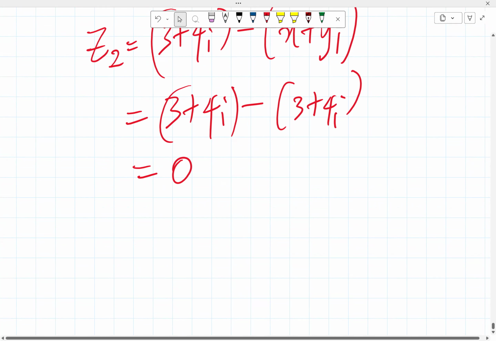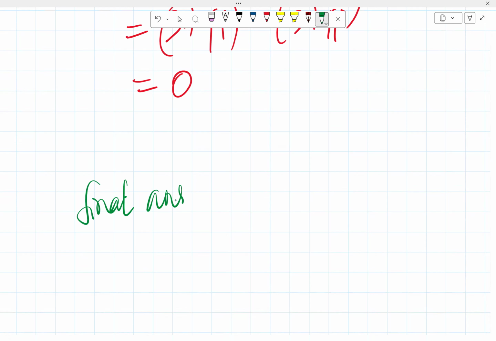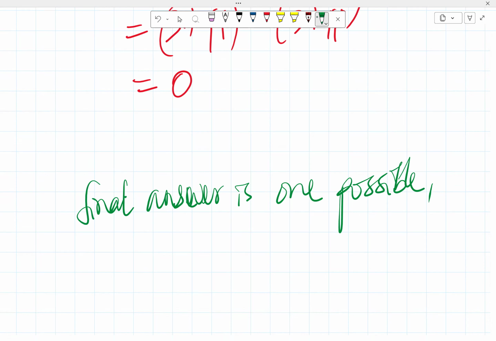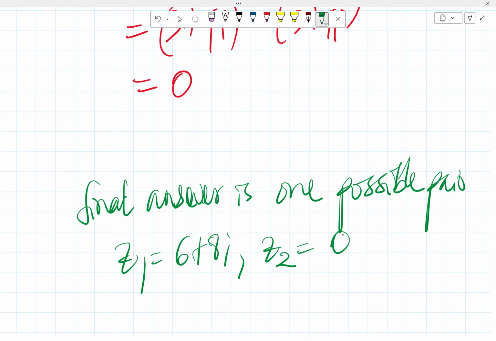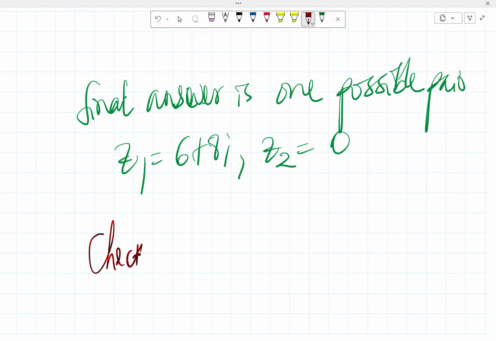So the final answer is one possible pair: z1 is 6 plus 8i and z2 is equal to 0. And with that, it makes sense that the midpoint will be what it is. So you can check for the midpoint if this is really correct.